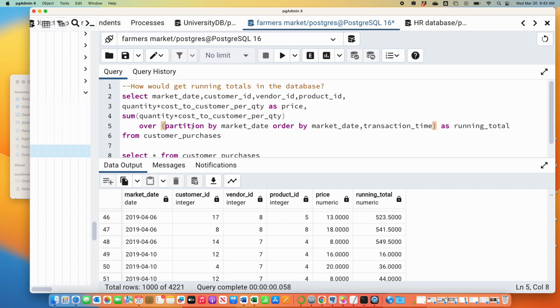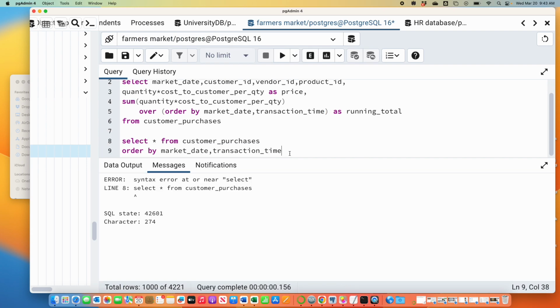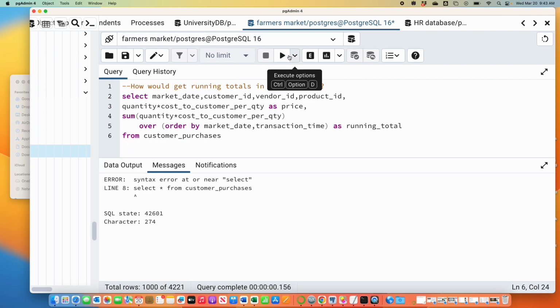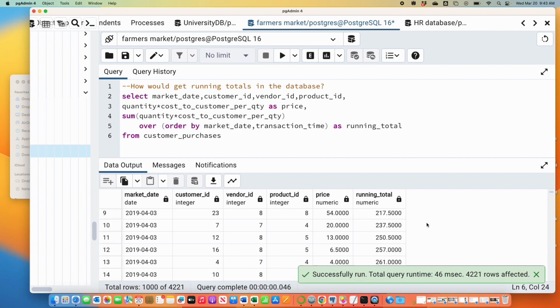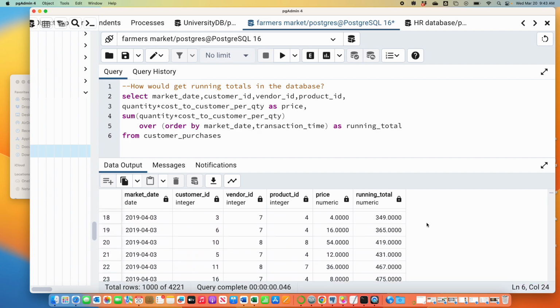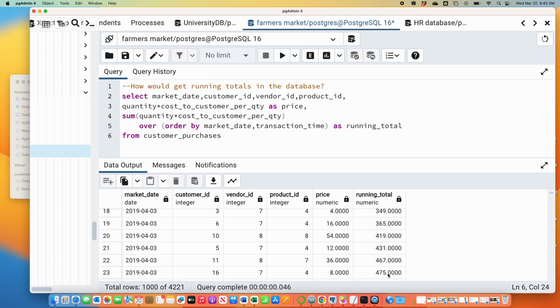And so here, let me just point out, if you just want to see a running total across the entire database, you can take this out as partition by. Now it's not going to treat every day as its own deal, so it's not going to reset. So now if I go down to the end of day 1, here's the end of day 1, there's that 475.